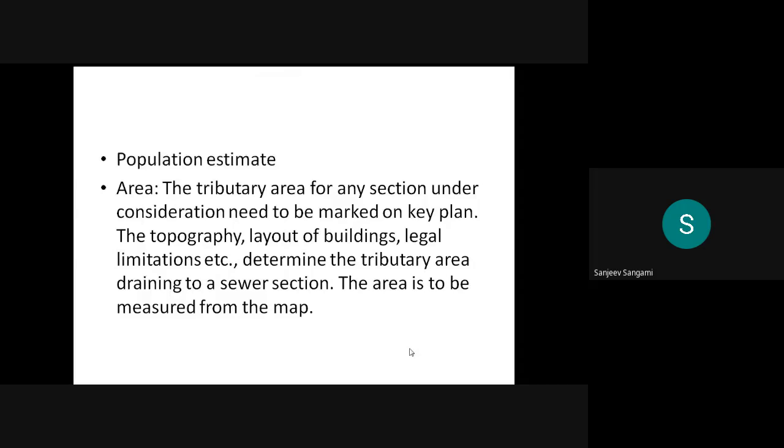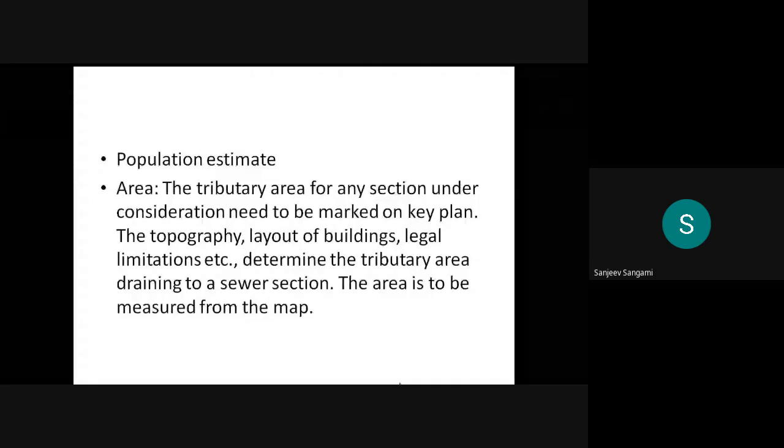The topography, layout of the buildings, legal limitations, etc. Determine the tributary area draining to the sewer section; that has to be taken care of, because some tributaries will be there, and that has to be considered properly. Topography: we already discussed some of the runoff coefficients. If the topography is totally different, the runoff coefficient is going to change. The area is to be measured from the map.